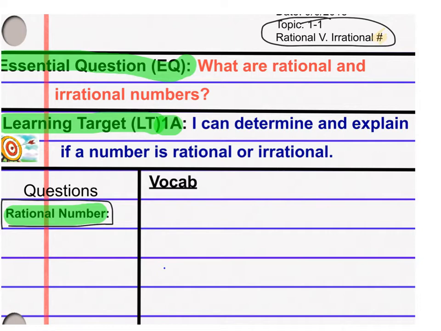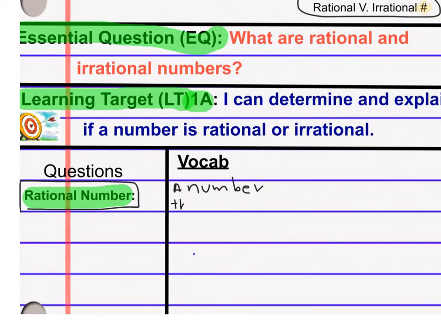The official definition, if you were to go on Google or a dictionary, is that a rational number is a number that can be written as a fraction. And just so you know, ratio in math means a fraction. So it's a number that can be written as a fraction.